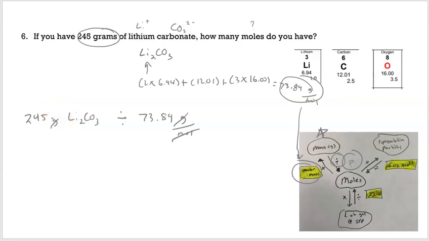We're going to keep our mole value. So I'm going to erase that really quick. My minor mistake. All right, because we're dividing grams by grams. Okay, and when I do that, I should get 3.32 moles lithium carbonate.